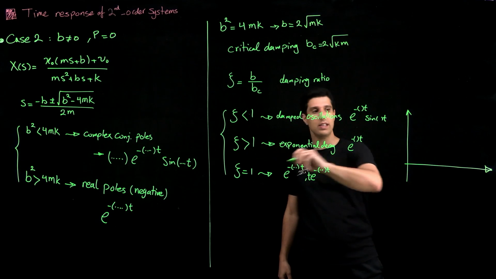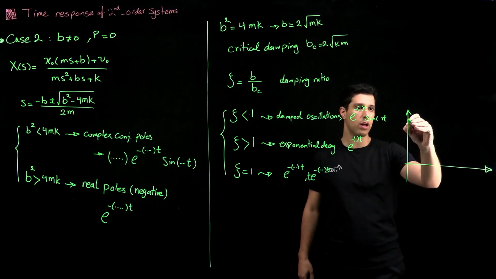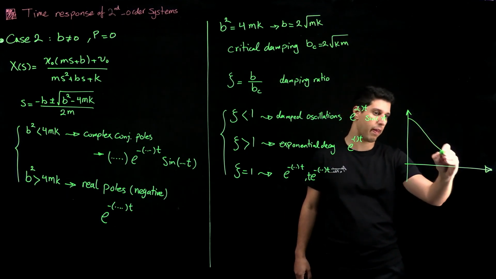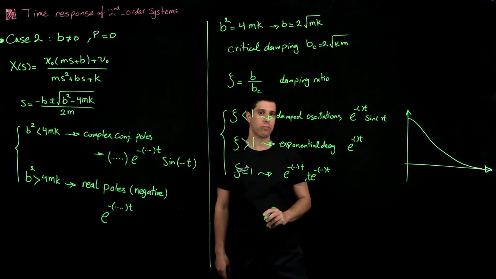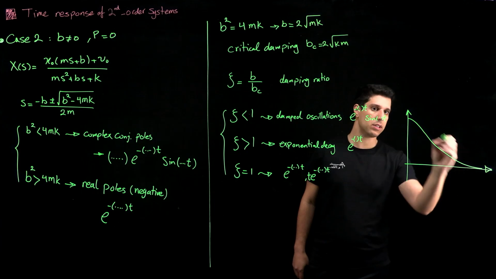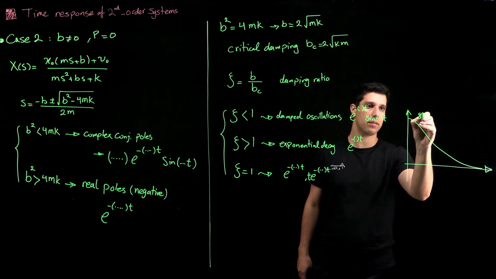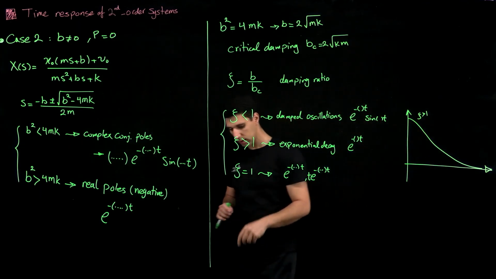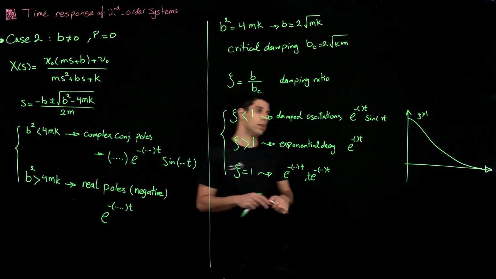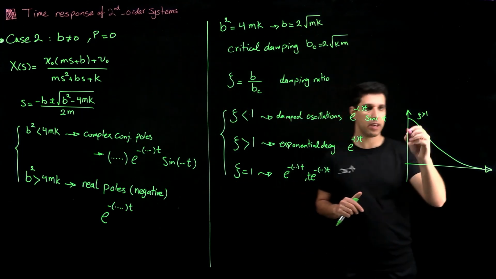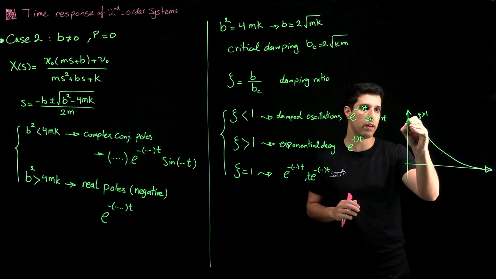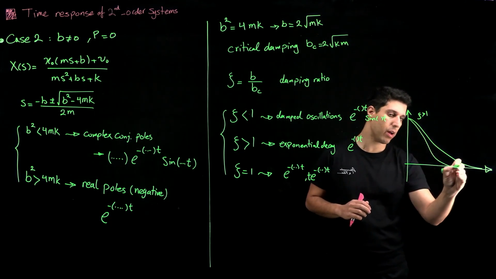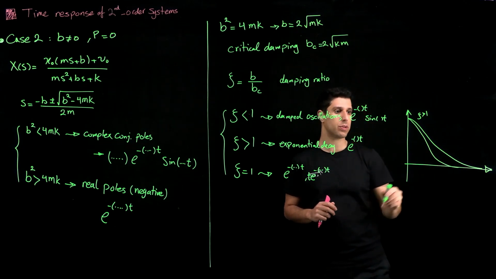So if z is bigger than 1, I'll have some kind of exponential decay like that. This is z bigger than 1. If I keep increasing z, let me still write it with this green color, I'll have faster and faster exponentials.